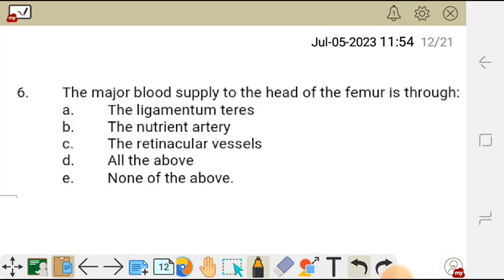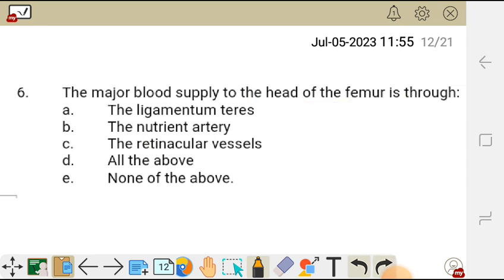Question 6. The major blood supply to the head of the femur is through A. the ligamentum teres, B. the nutrient artery, C. the retinacular vessels, D. all of the above, and E. none of the above. So which of these is the major blood supply to the head of the femur?